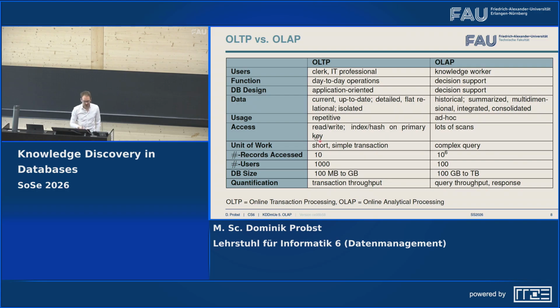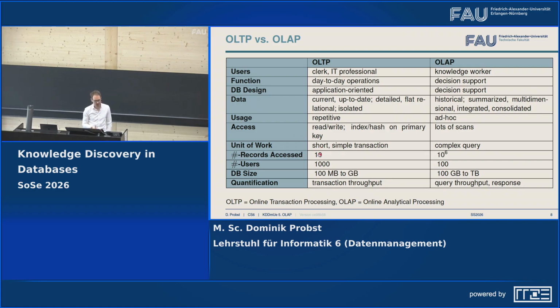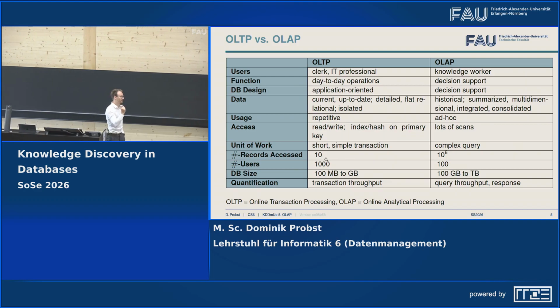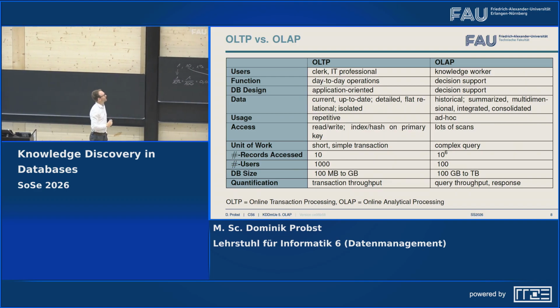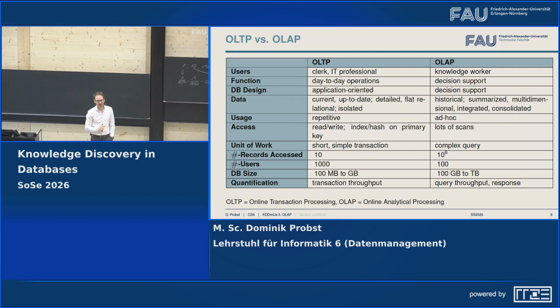We most often access only very few records per SQL query, and we have a lot of different users on the database. Because we have all the websites, for example, going onto that database. A database in this dimension is most often comparatively small. I've written 100 MB to GB.